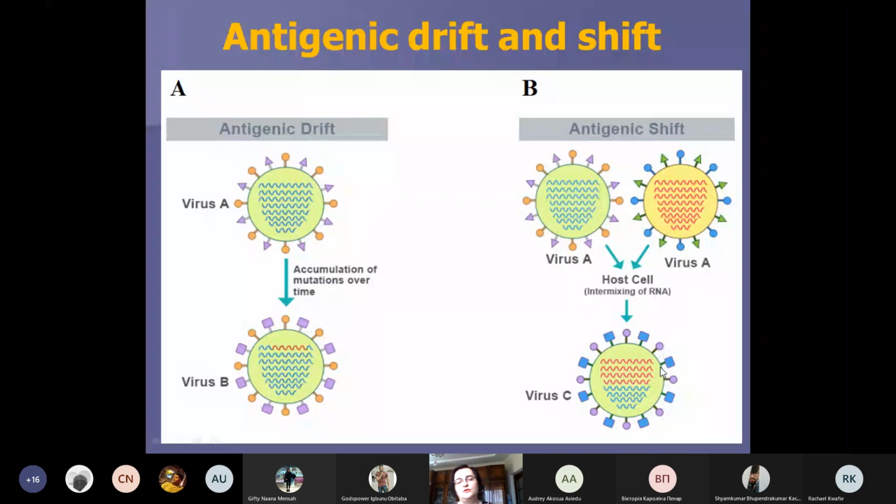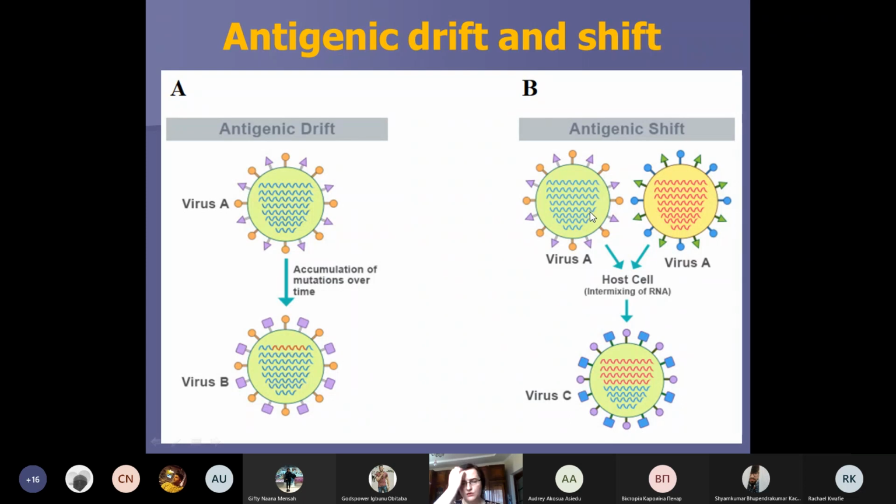Since all influenza viruses have segmented genomes, all are capable of reassortment. Antigenic shift, however, only occurs among influenza viruses of the same genus and most commonly occurs among influenza A viruses.